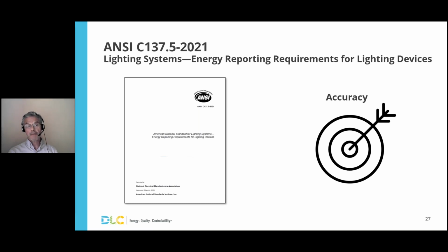Frankly, it was kind of a mess because each different product was tested and characterized in different ways. This standard will help the DLC to eventually require that all the products with energy reporting offer the accuracy that is specified by the standard, that is sufficient for the needs of the incentive programs.